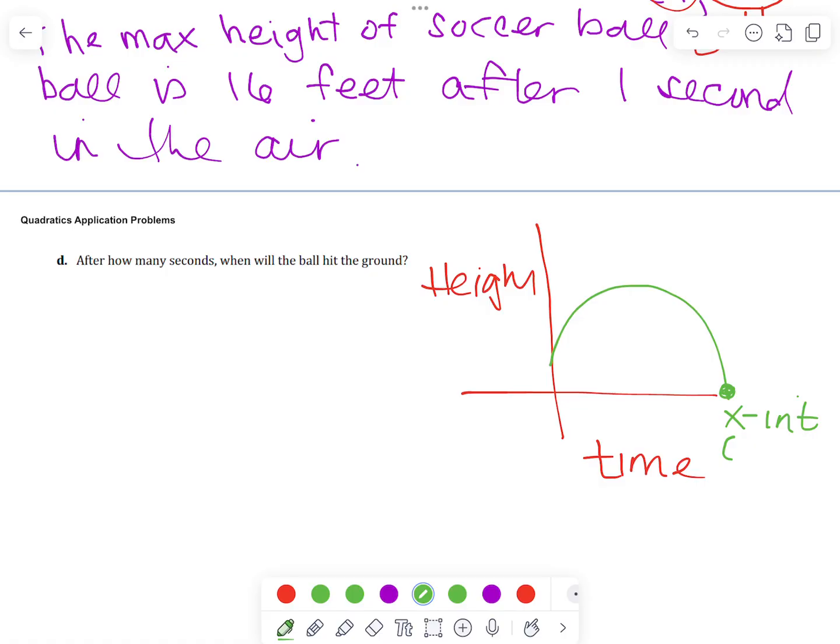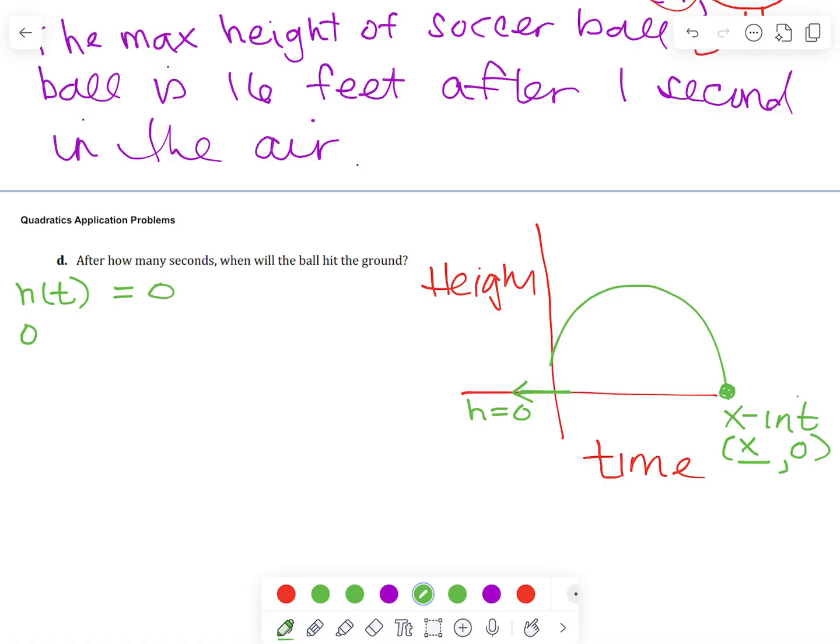So we have our height here of 0, so we have some number x and then 0. So what we do is we set the equation h of t equal to 0 and we solve it.